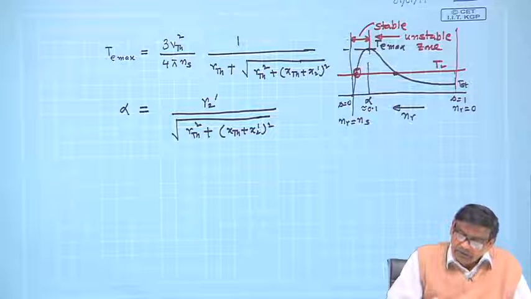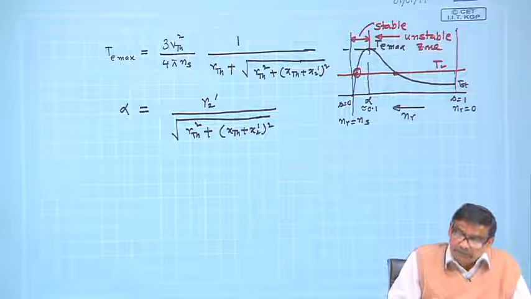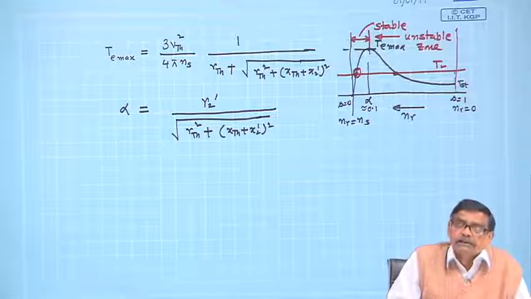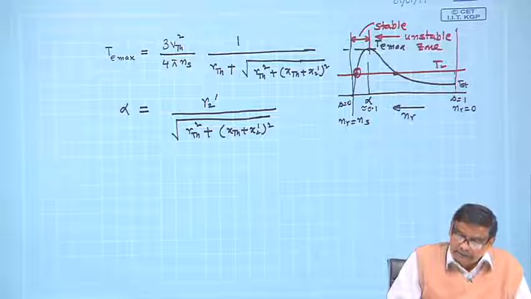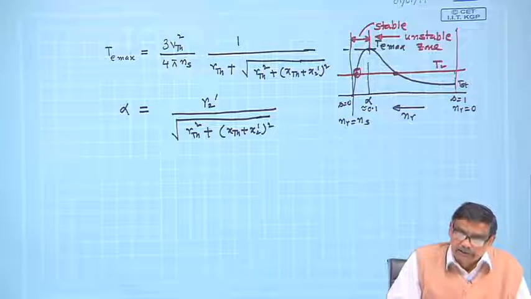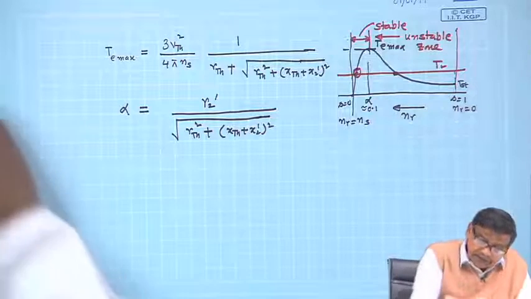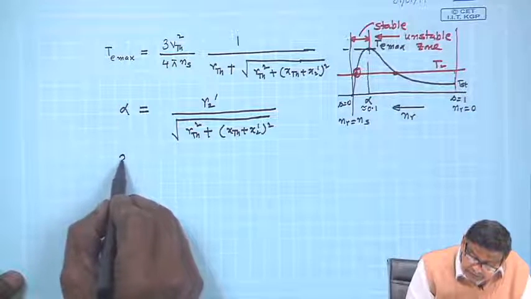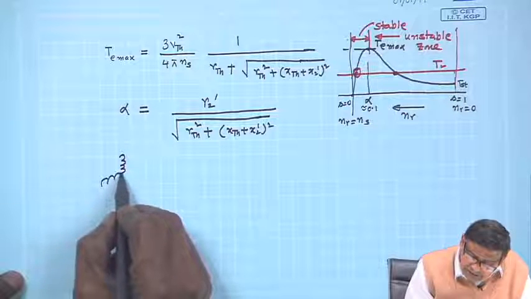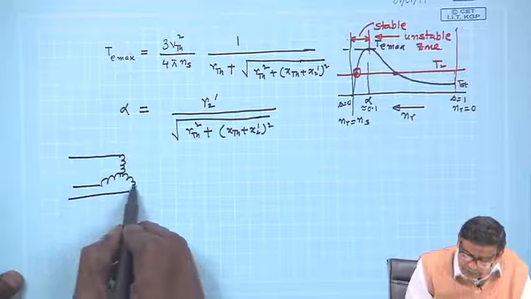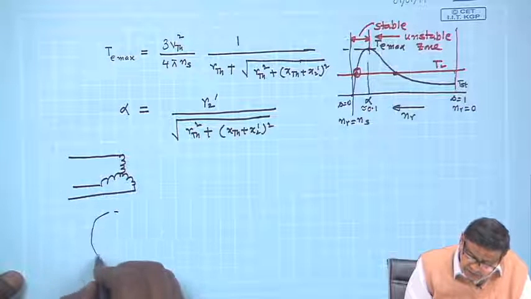Now, today what we will do is this: we will try to see how this torque slip characteristics gets modified if I change certain parameters which appear in the equivalent circuit. For example, this is the stator of the induction motor, which is energized from a 3-phase supply, and this is the rotor.